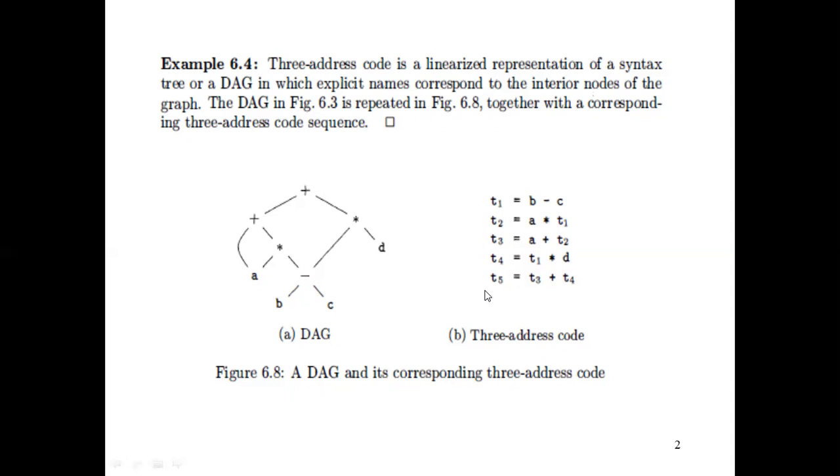Why are we doing this? Because this is the method to write the intermediate code. Our purpose is to write the intermediate code.